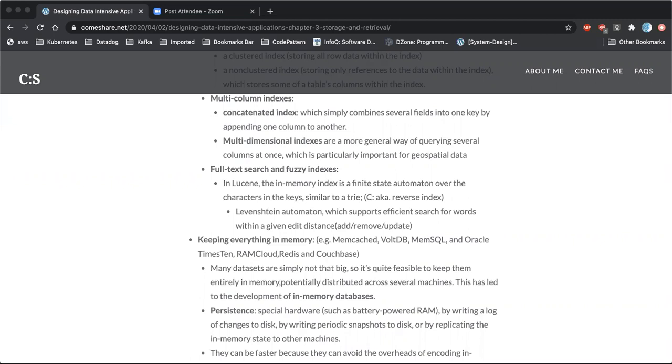Probably you will find multiple values, then you filter with the other column's key, and that's how you get the results based on multiple columns.